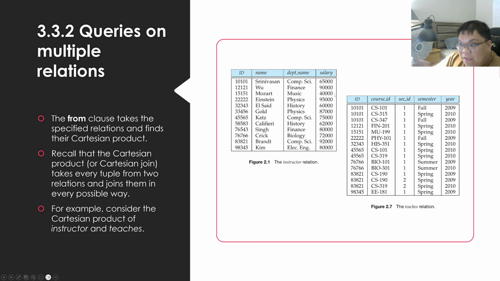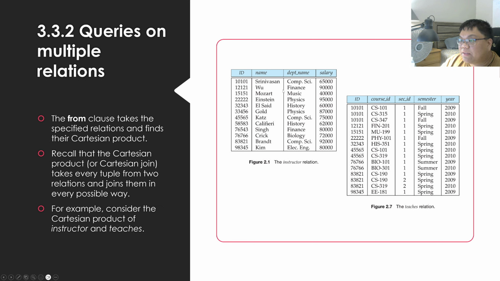And we do this for every row such that if we have m rows in instructor and n rows in teaches, we get an m times n table, where it's m times n rows, I should say.